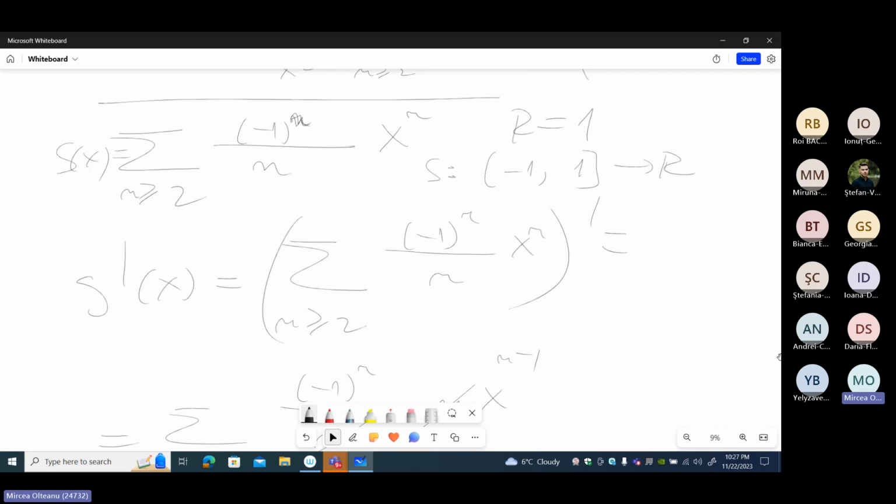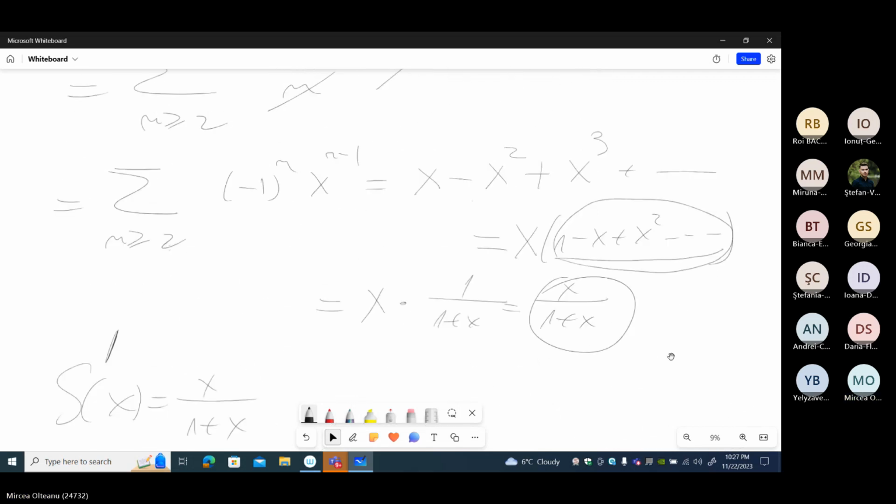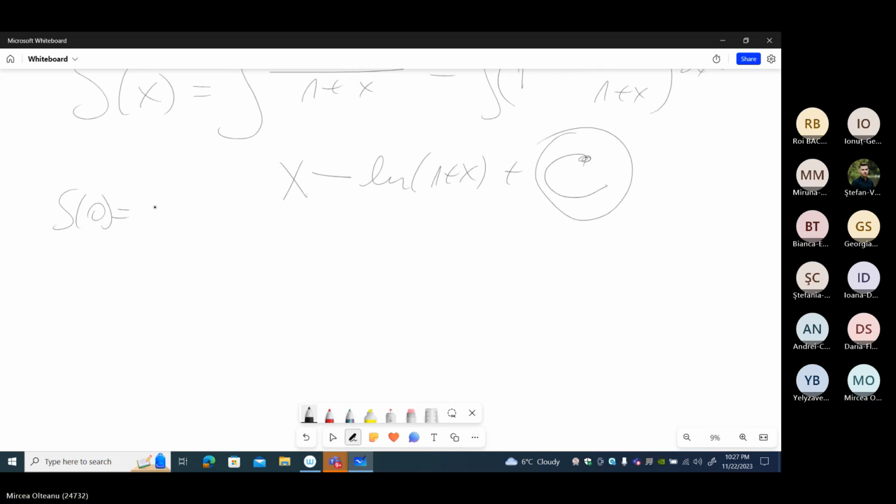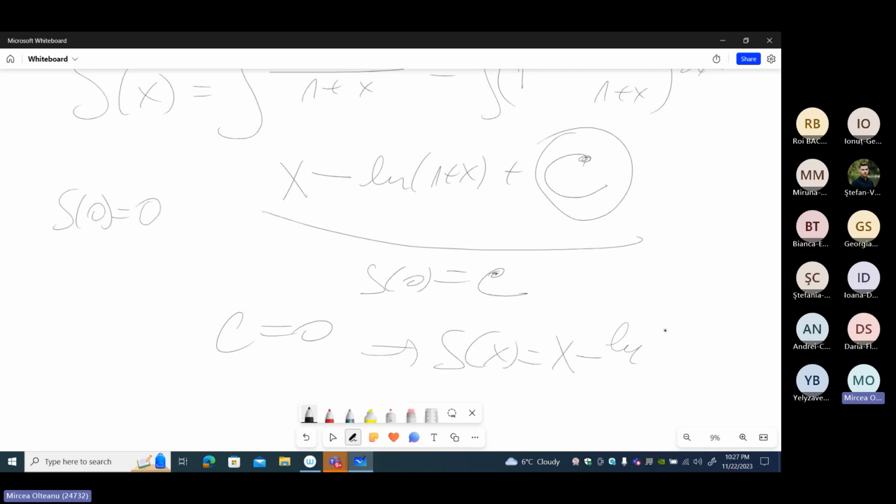So s of 0 is 0. So on one hand, from the power series s of 0 is 0, and from here s of 0 still has the constant. So the constant will be 0. So finally the function s will be x minus logarithm of 1 plus x.